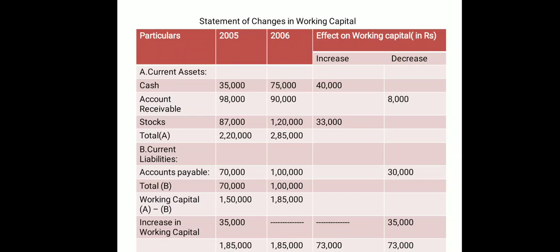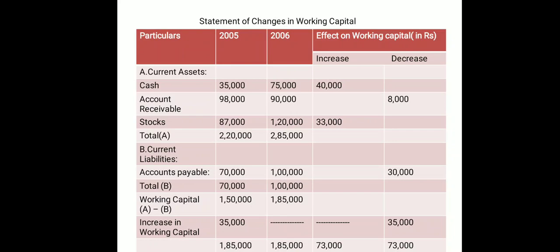I hope you remember your accounts pattern and all. We have to make the balance, we have to make the total equal. So for that only we are doing this. So 35,000 increase in working capital, we are going to write in the 2005 year column. Now the 2005 total is 1,85,000 working capital here, and 2006 also 1,85,000.